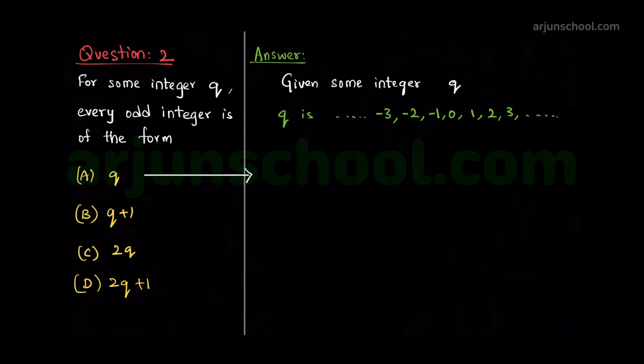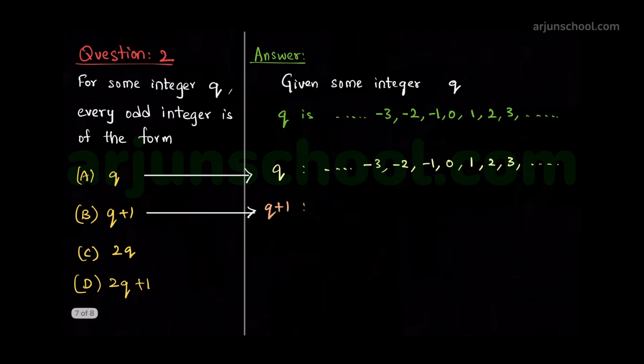Option A is q, which is and so on -3, -2, -1, 0, 1, 2, 3, and so on, same as the given integer q. Now option B is q plus 1, which we can get by adding 1 to the q.